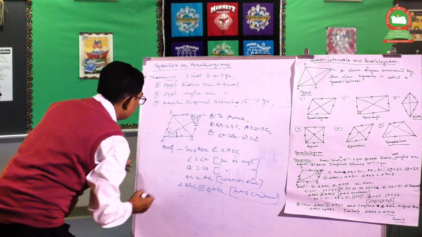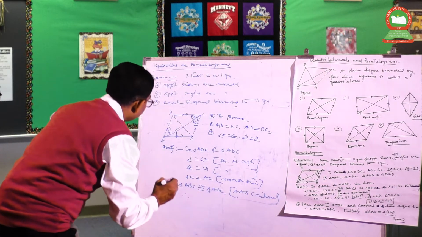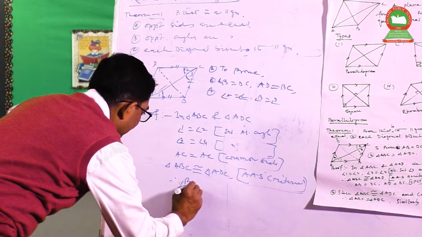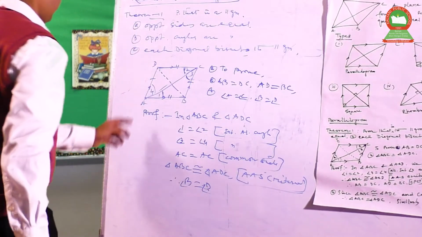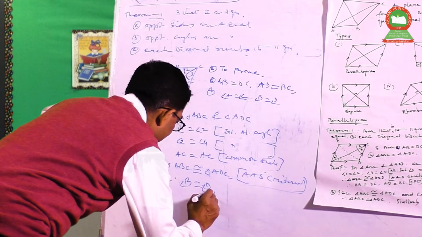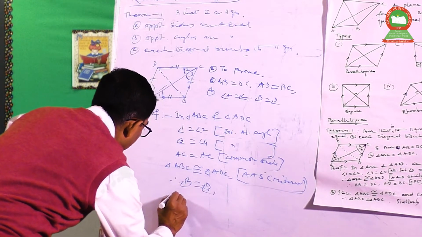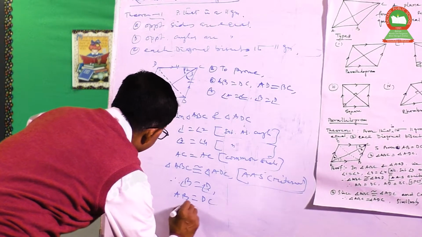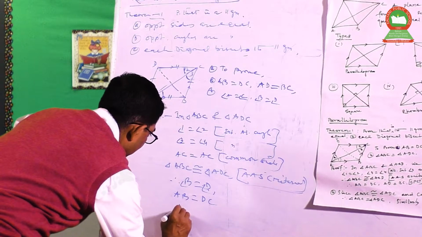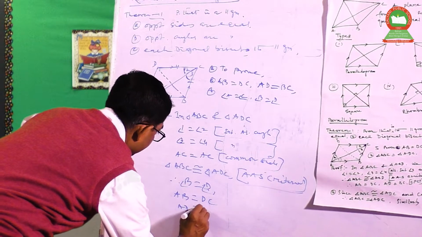Therefore we can say angle B equals angle D, and side AB equals DC and AD equals BC.